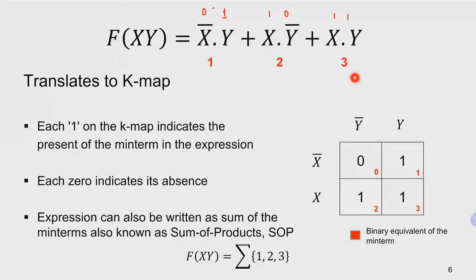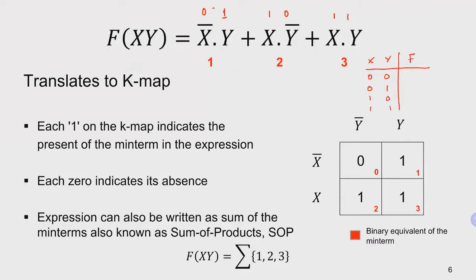Okay, so we can map our K-map using a binary number. Or if we draw this as a truth table, we can list down all the possibilities of our X and Y. So we have 0, 0, 0, 1, 1, 0, 1, 1.